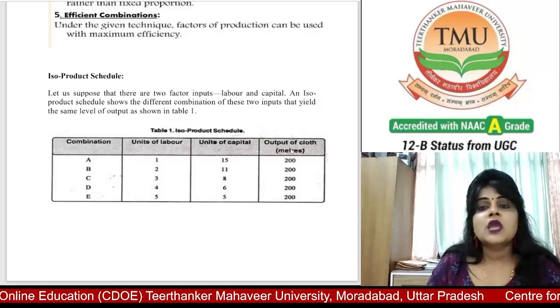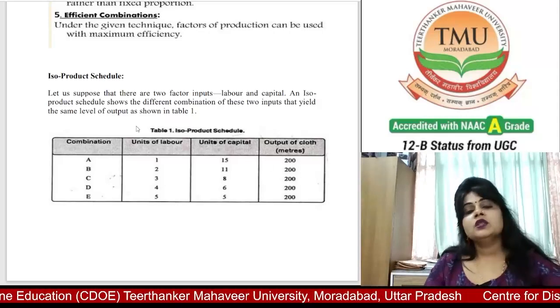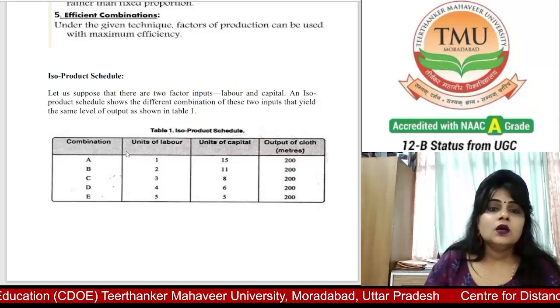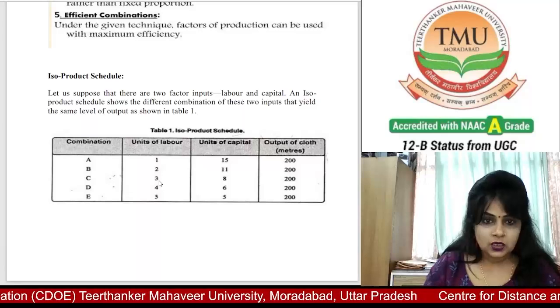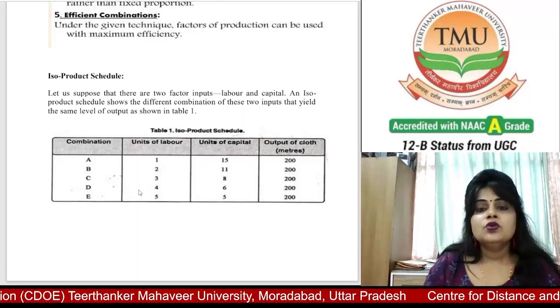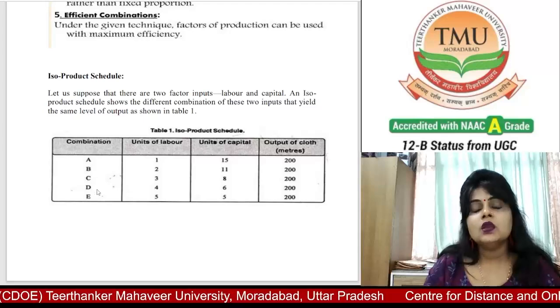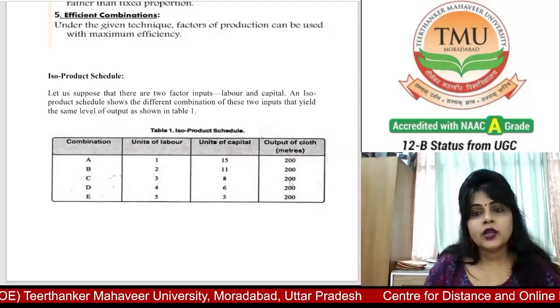He also gets an output of 200 meters of cloth. In the third combination C, he uses 3 units of labor and only 8 units of capital. He also gets an output of 200 meters of cloth.